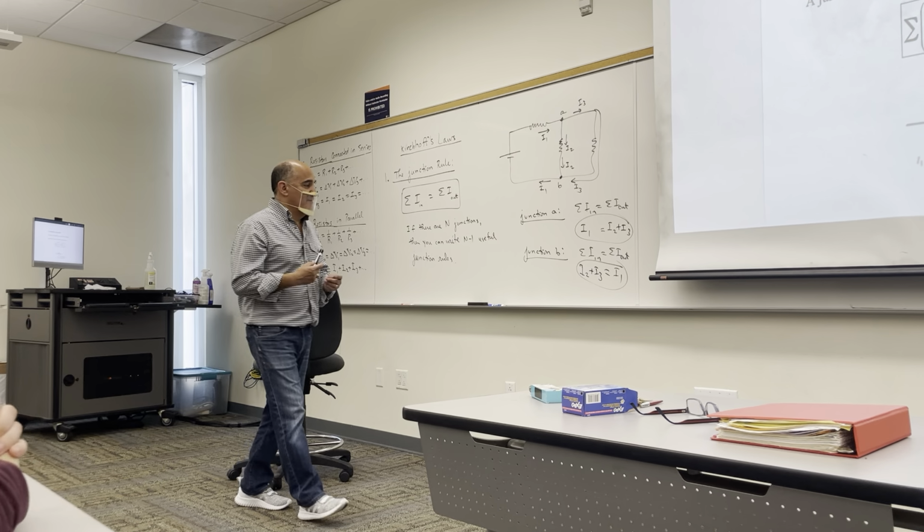So how many useful junction rules can I write? 3 junction rules. And then I'm gonna write 4 loop rules. And then I'm gonna have 7 equations for 7 unknowns. And then have fun with the algebra. A computer would be better, right?